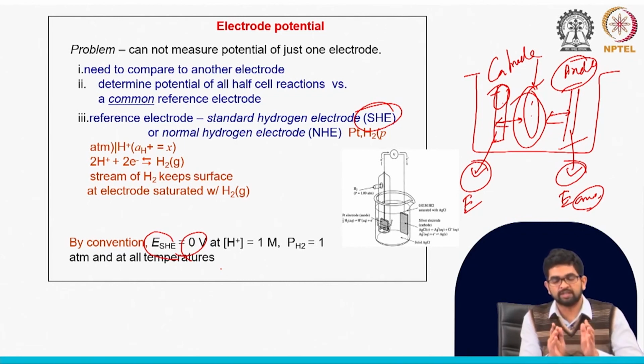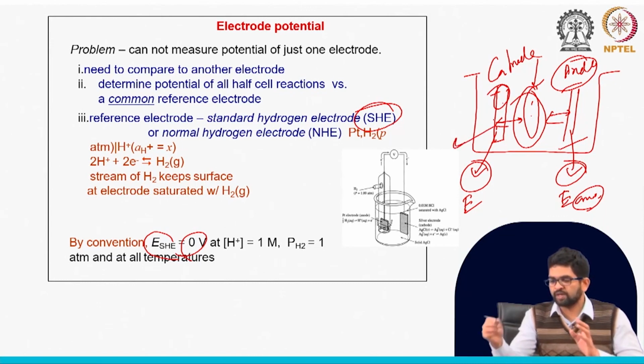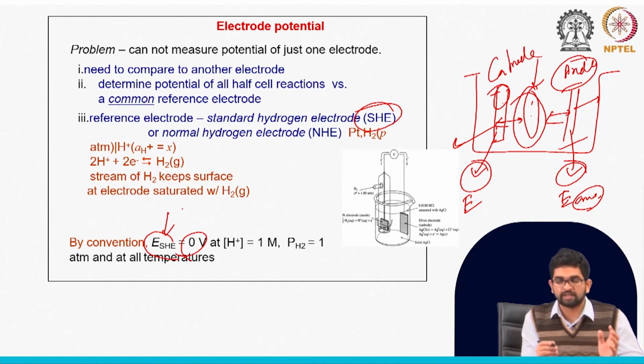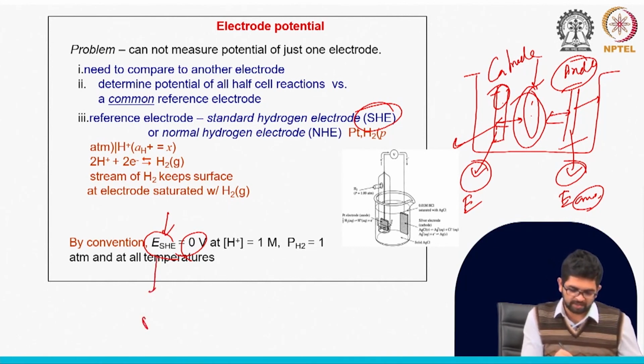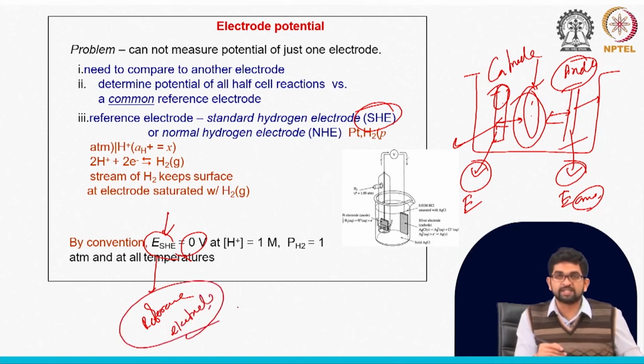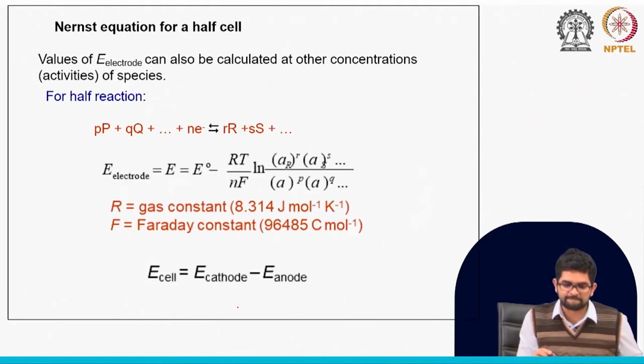So, with 0 potential, we can compare the potential of your copper electrode or your zinc electrode to the standard hydrogen electrode. This is the very basic concept I already covered, I am just summarizing. Please try to remember and use this concept while you are developing an electrochemical cell.